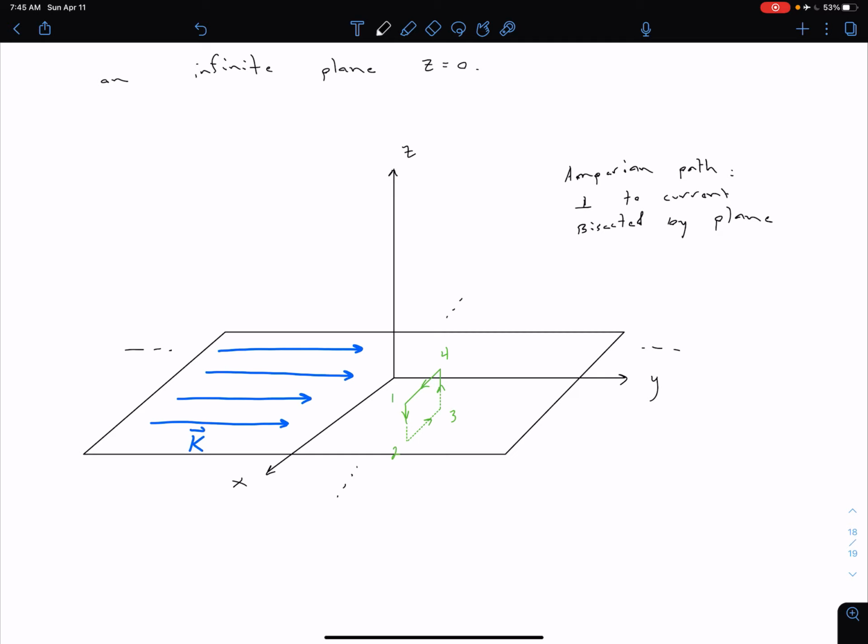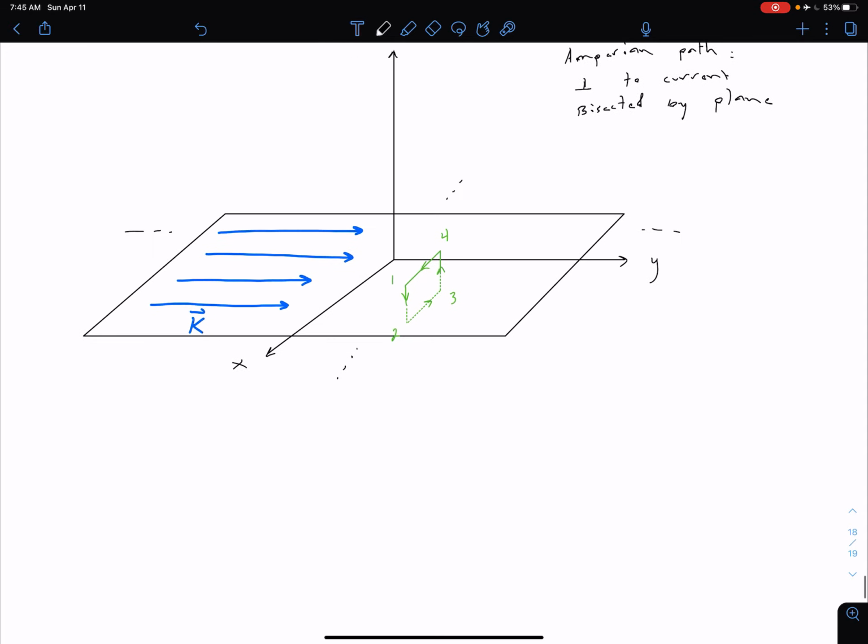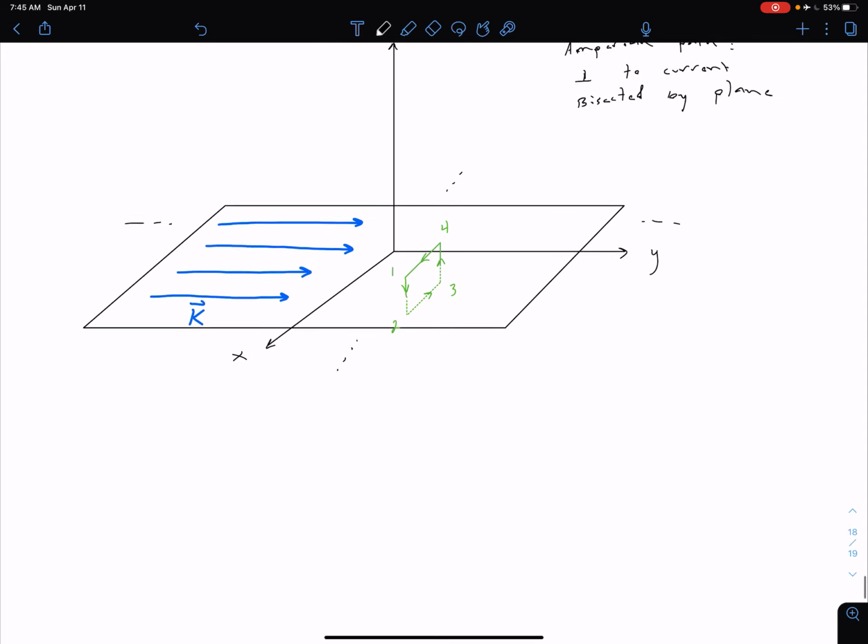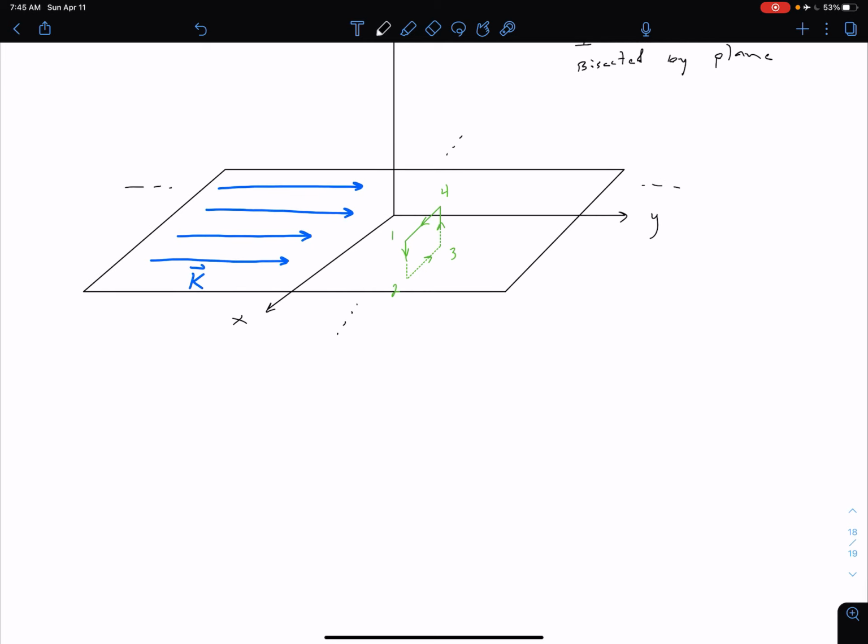Okay, so to talk a little bit more about why exactly I chose that Amperian path, let's get a good feel for what type of magnetic field intensity H this infinite current is going to be producing. So far we've looked only at filament current. So let's try to relate that knowledge to what we have here.